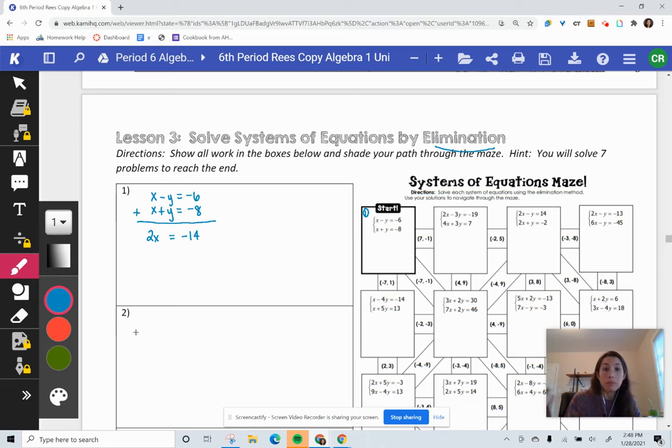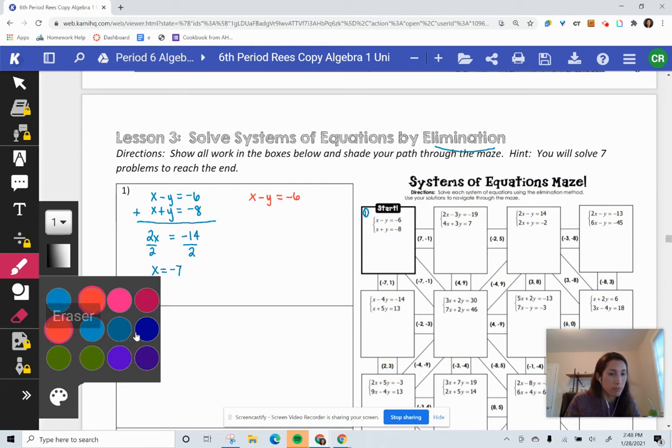Now we can solve for x. We can divide by 2 on both sides, and we're going to get x equals negative 7. And once we know the value for x, we can easily solve for the value of y by plugging that into either one of these equations. So we can say x minus y equals negative 6.